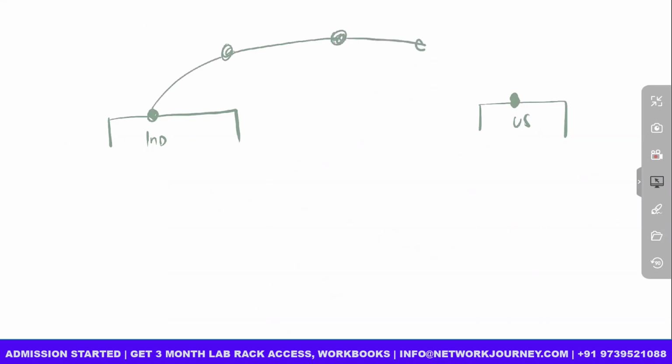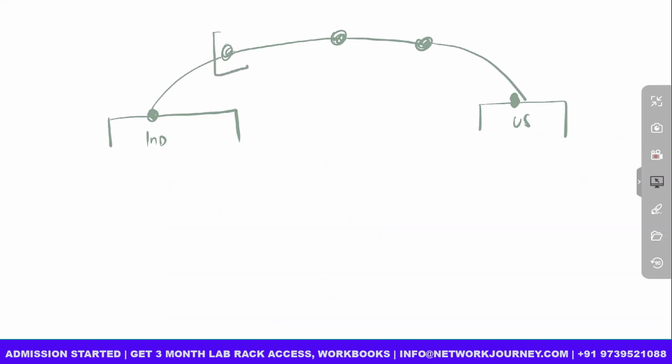So basically, an AS will follow its own set of policies, or let's say this is India, this is US. We are connected over multiple different ISPs. We know that it's not a single connection.